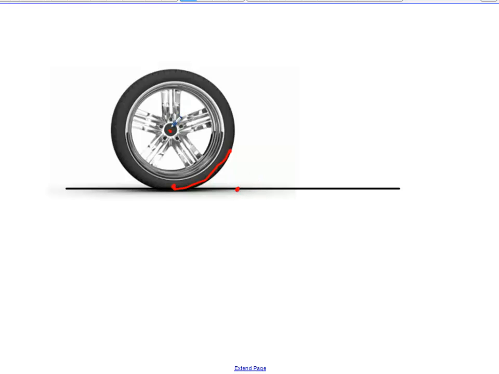So we have our axis of rotation here where this tire is spinning around, but it's also moving translationally or linearly along the ground. So we can look at the linear displacement as the center, this axis of rotation, moves from here to here, but we can also look at the angular displacement when this part of the tire rotates from here down to the bottom part of the tire.